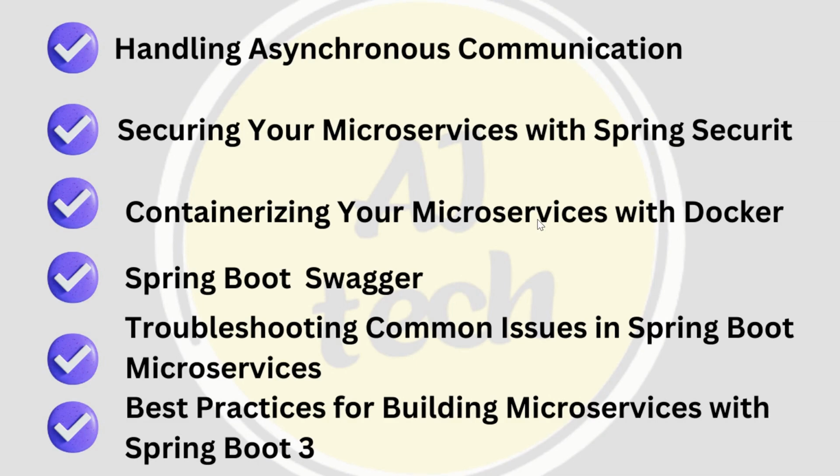Then we'll create Docker images, and inside Docker we'll try to deploy our own microservice. Then we'll integrate Swagger with Spring Boot for API documentation. Then we'll see the common issues while creating microservices, and best practices also.